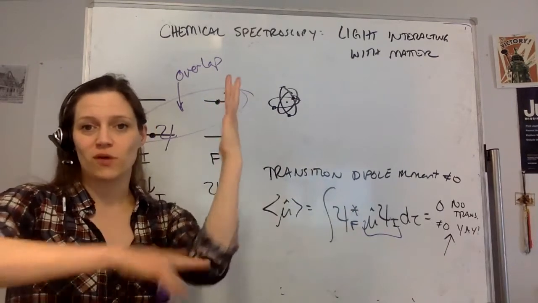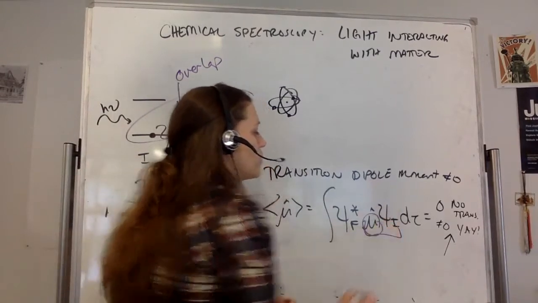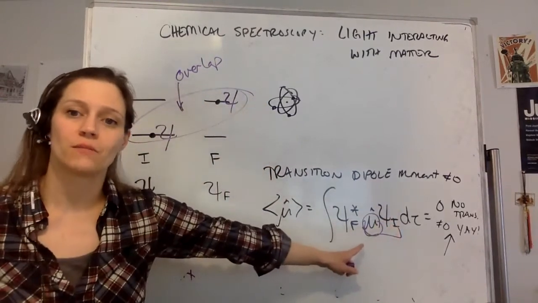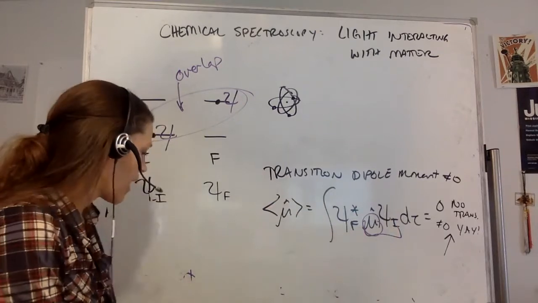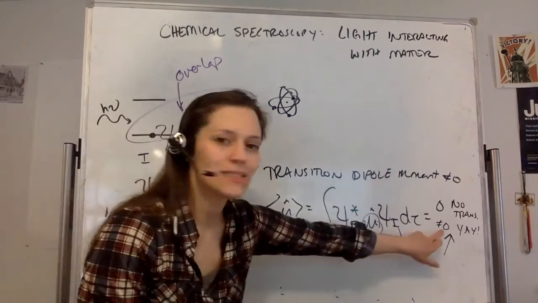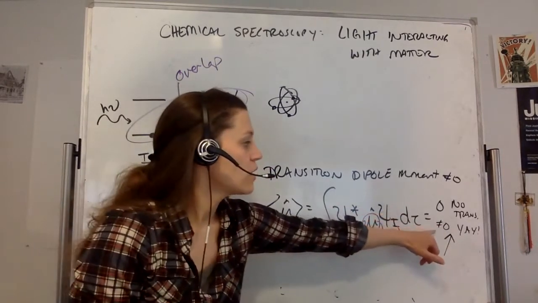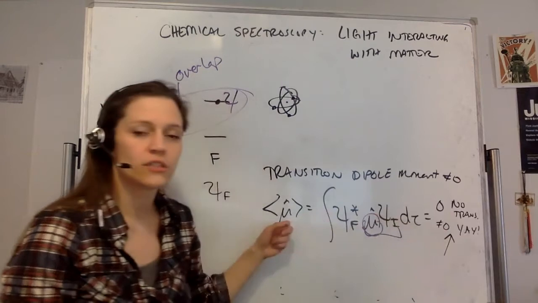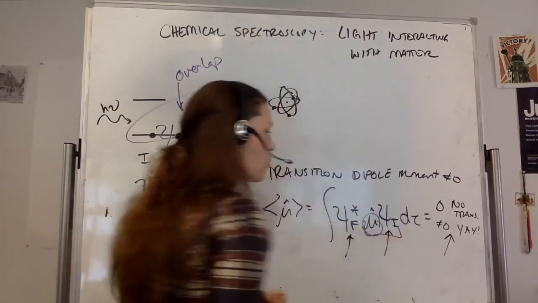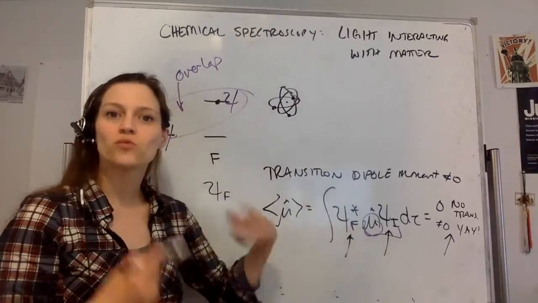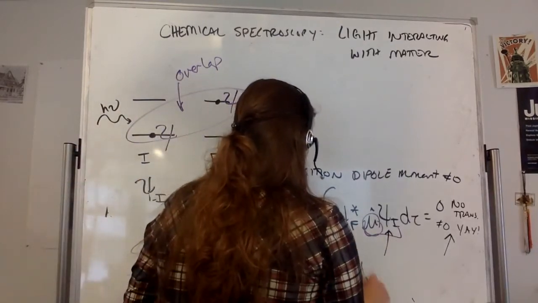No overlap whatsoever. They're orthogonal when the transition dipole moment can't get them to overlap. Cool? So when they are non-zero, when there is an overlap between the two wave functions, you've got a non-zero transition dipole moment, which means you would then know information about which wave functions satisfy this equation. And this is where we get our selection rules.